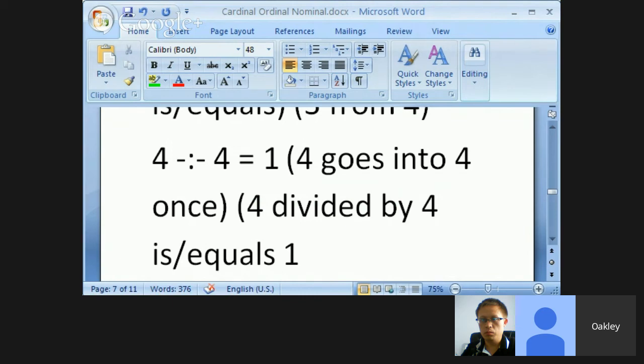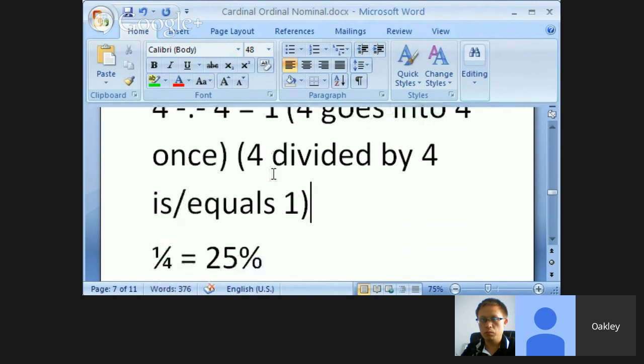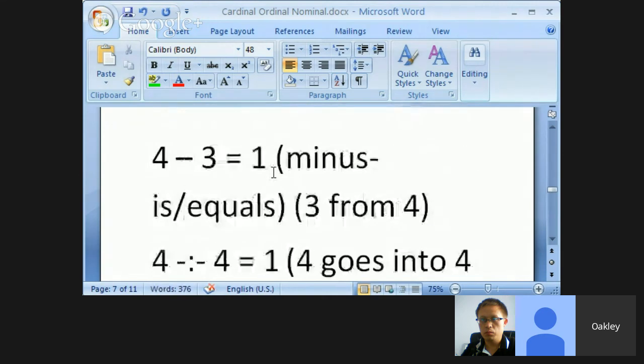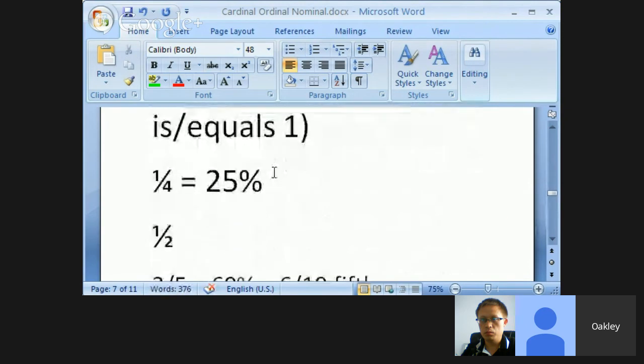And actually, this is probably an easier way to do it. 4 divided by 2 is 2. Okay, 4 divided by 4. So much for the basic equations.